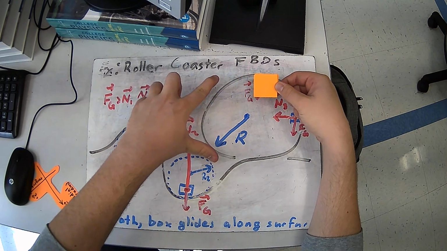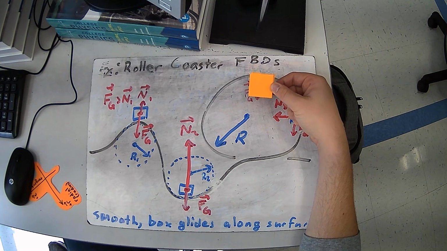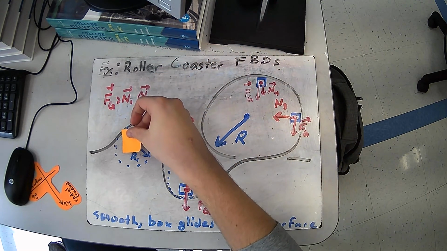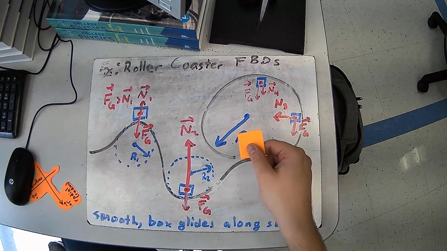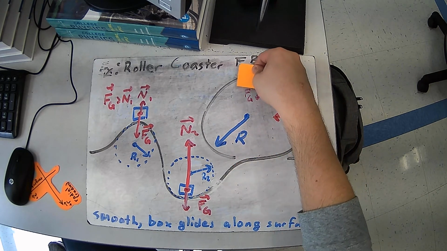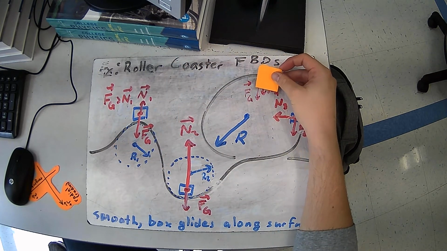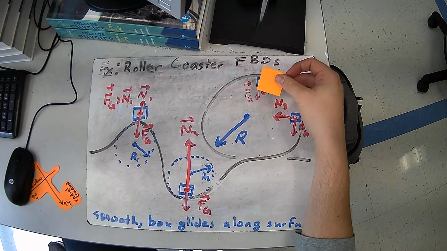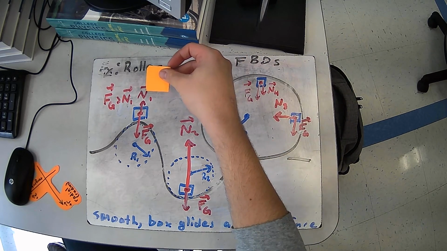If the left half of this track vanished, if it were gone, then this box would shoot off like a projectile from there. And so what this box tends to do, its inertia would want it to do, is it comes around and then fires off like a projectile. And so we don't need a force to prevent it from falling, because it doesn't want to fall. It wants to launch to the left. What we need is a net force to prevent it from launching to the left.